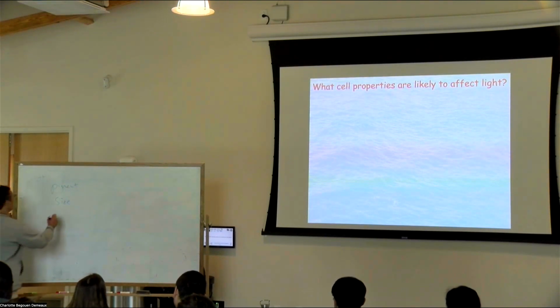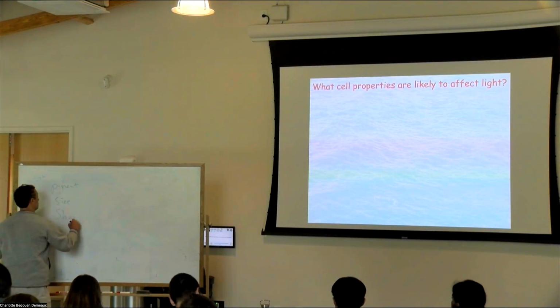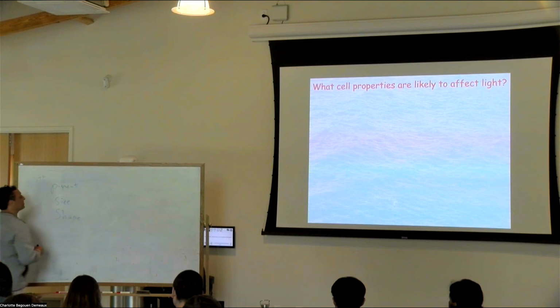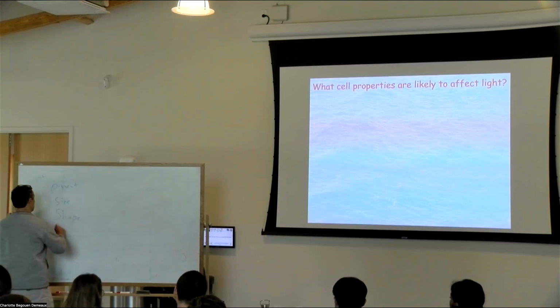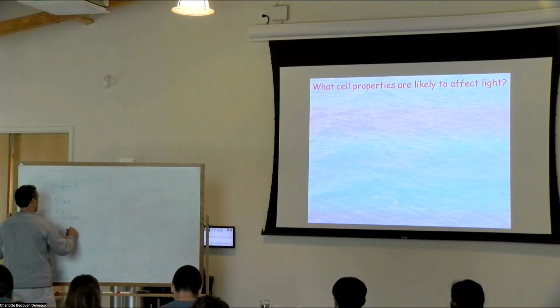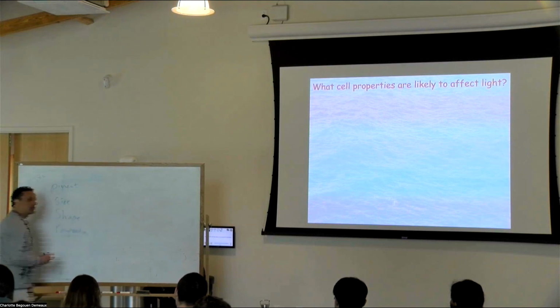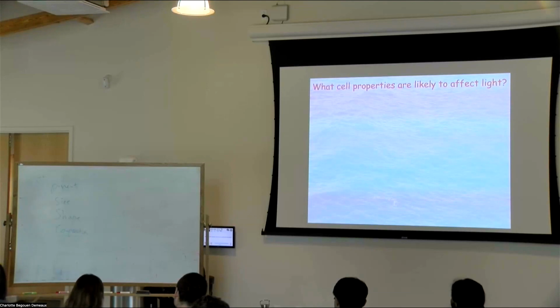In what sense? Both in how many certain molecules there are and different species incorporated. Why would that affect light?